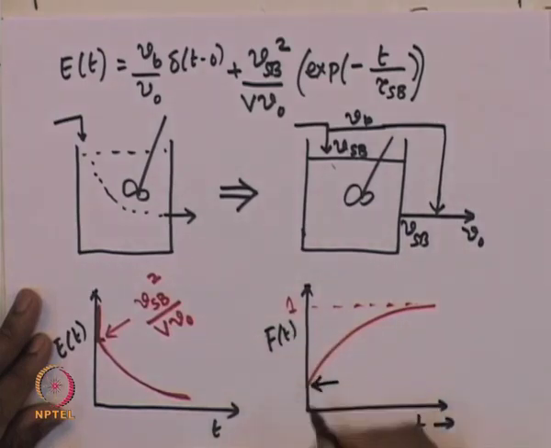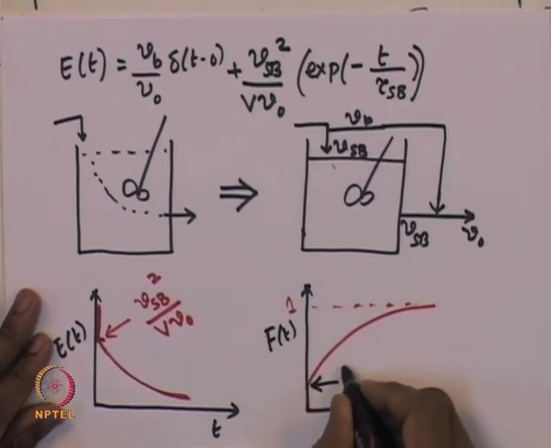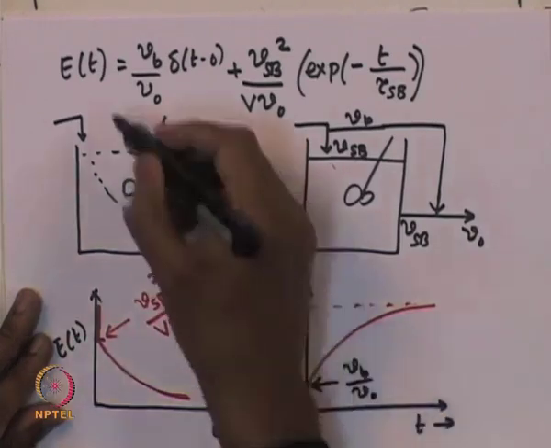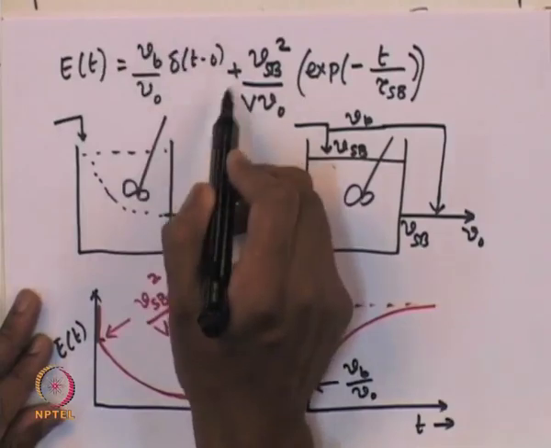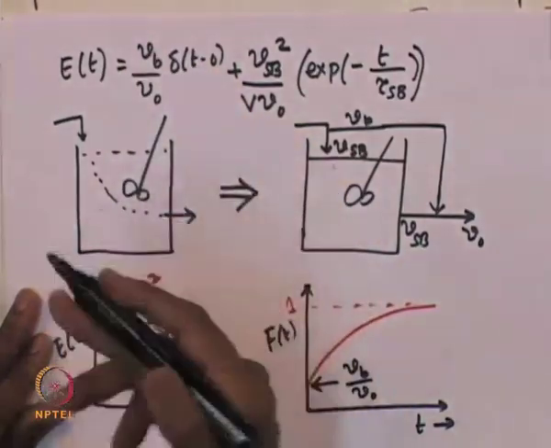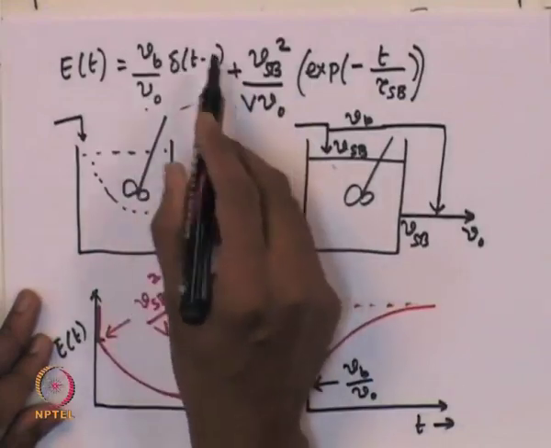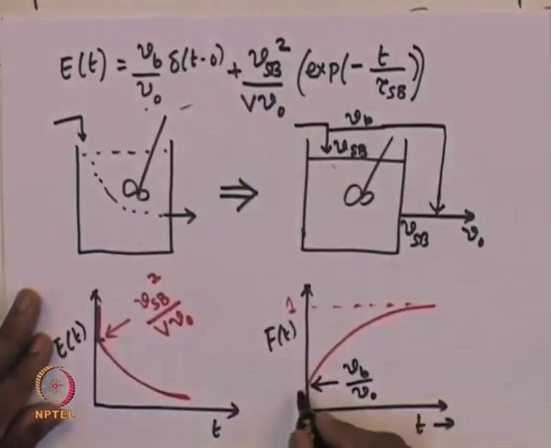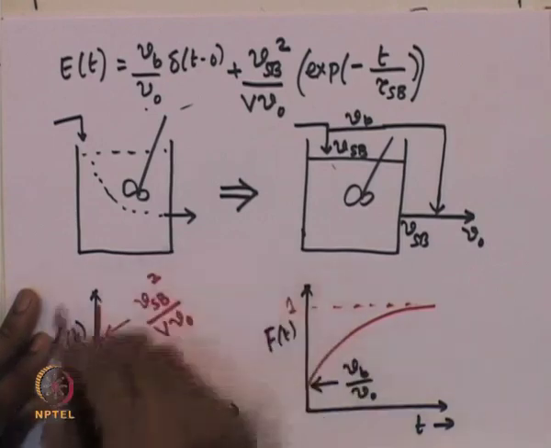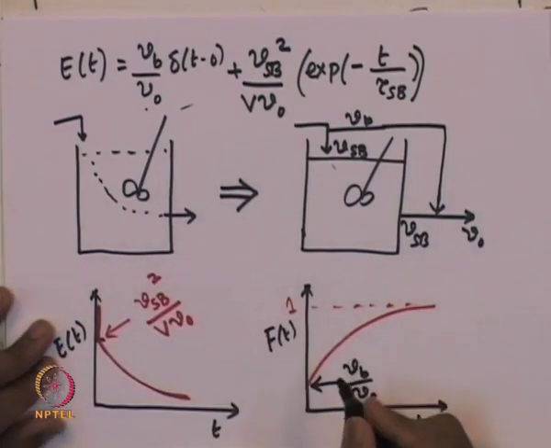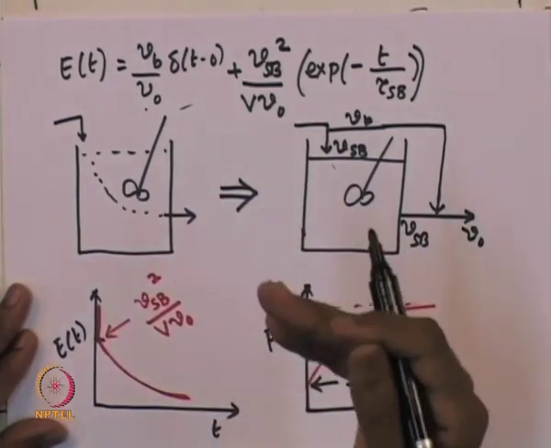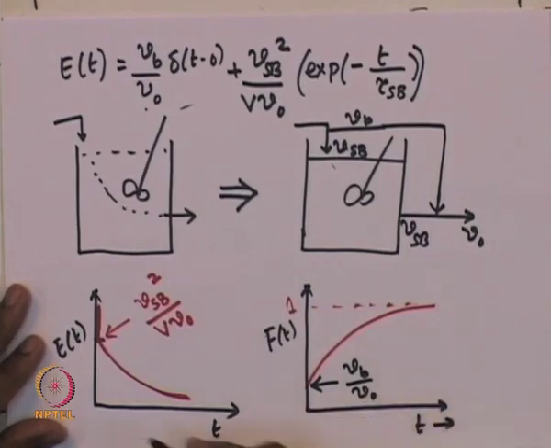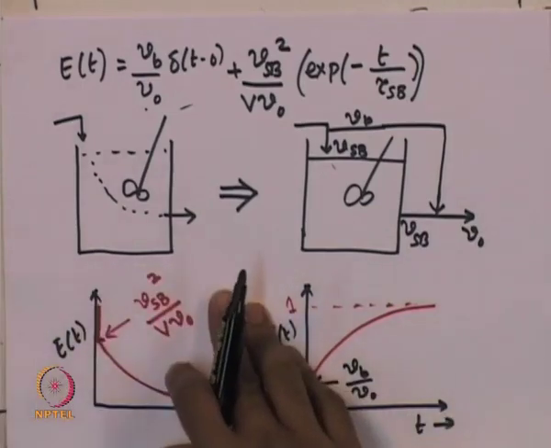There is a jump right at t equal to 0, and the jump actually occurs up to V B divided by V naught, which corresponds to the bypass, the fraction of the inlet stream which actually gets bypassed and leaves the effluent stream immediately, and that is reflected in the F curve and also in the E curve. So, the important message from here is that an E curve and F curve, if actually measured experimentally, can indicate whether there is a bypass in such kind of a system.